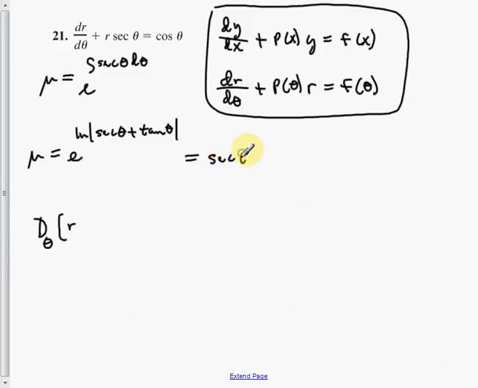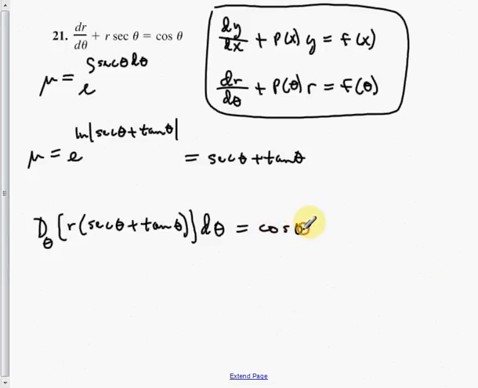Okay. Secant theta plus tangent theta. So this is r times parentheses that secant theta plus tangent theta, d theta. And that's equal to, we've multiplied both sides by the integrating factor. So this is the cosine theta, which is here, times this secant theta plus the tangent theta.